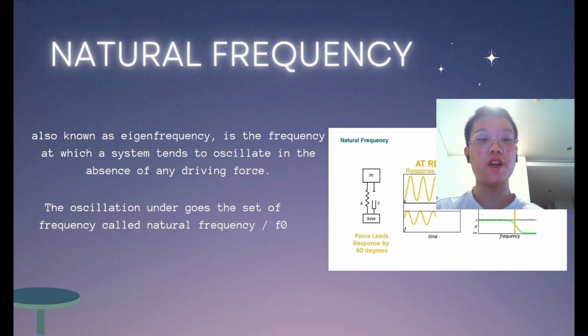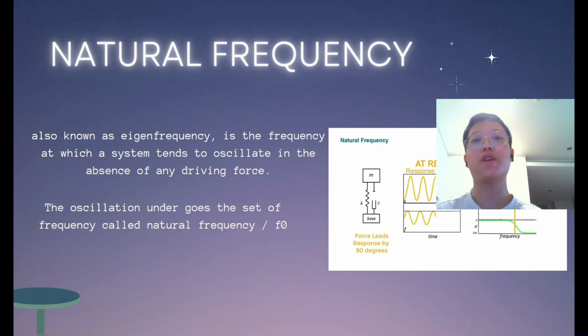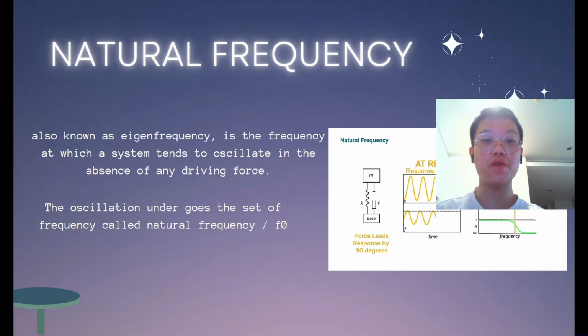It is the frequency at which a system tends to oscillate in the absence of any driving force or external influence. And the oscillation undergoes a set of frequencies called the natural frequency. We can also find this in a spring-mass system and in the motion of the pendulum.